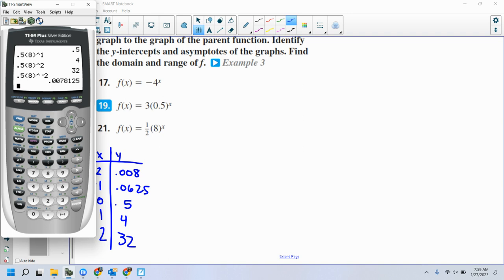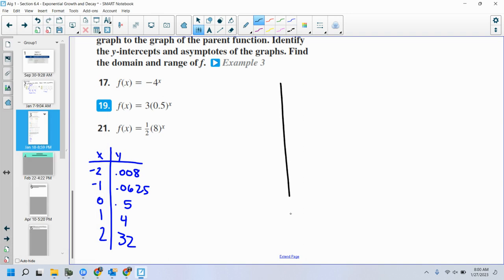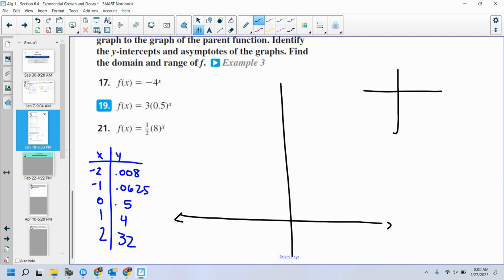Will the graph have the same shape and look? Yeah. So let's take a look at how it's going to be. Now, do I have to make a symmetric graph every single time for these exponentials? No. We don't need a 10 by 10 graph, right? I see a lot of people do this graph on your notes or on your homeworks. No, you don't need it lined up in the center.